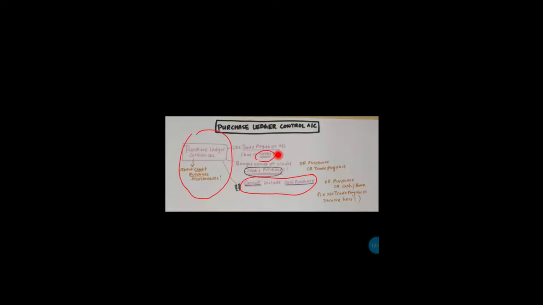For example, you buy goods on credit. So debit purchase, purchase coming in, credit the seller, the goods going out to you. Goods coming in, purchase, credit trade payables, the goods going out from the supplier, your purchase coming in.